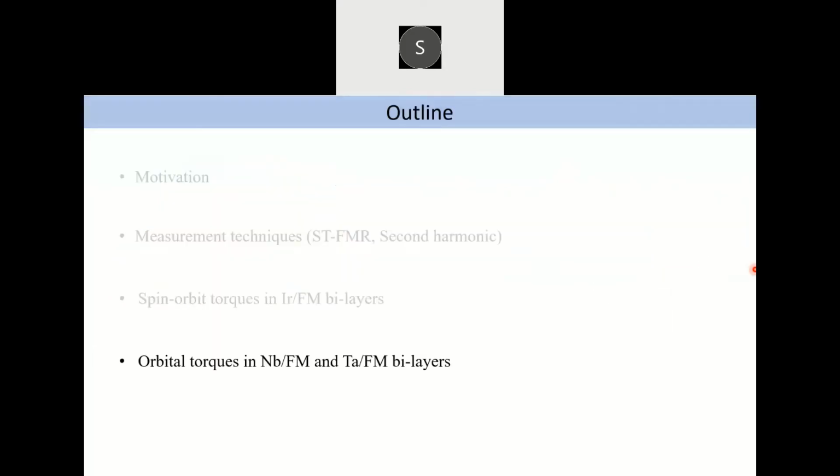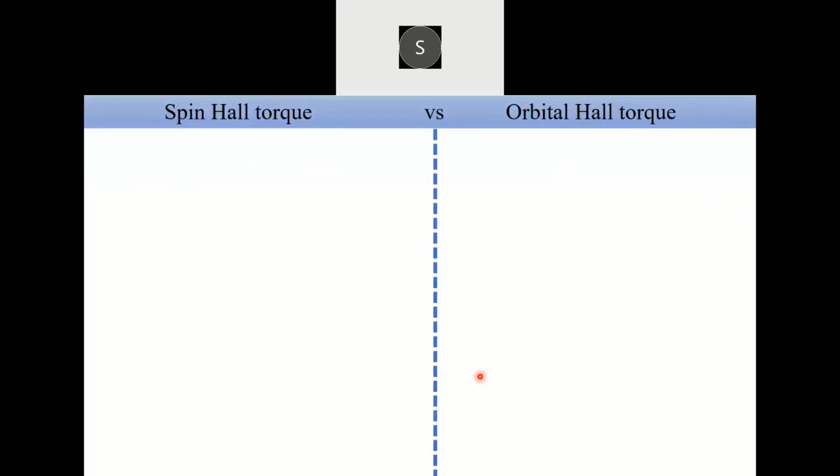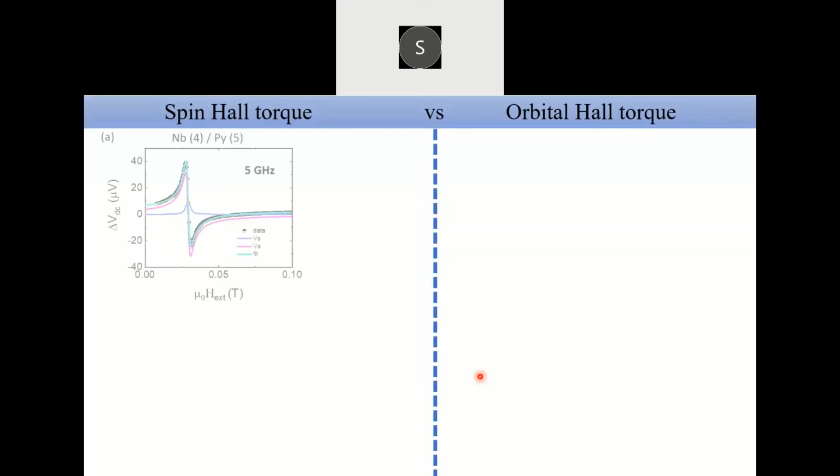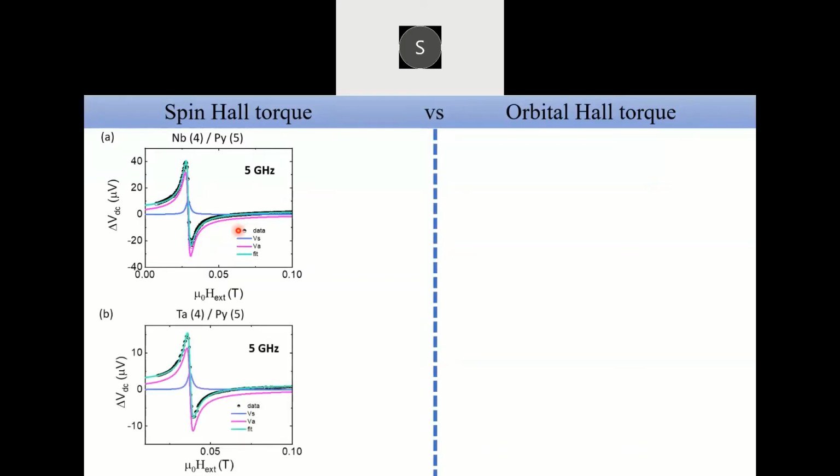Okay, so coming to the next part of my talk, which is orbital torques in niobium-ferromagnet and tantalum-ferromagnet bilayers. In case of niobium permalloy, when we have done this STFMR measurement, we can see there is a small symmetric component and a large antisymmetric component, which gives us a spin torque efficiency that is negative, because when we compare it with tantalum permalloy, we obtain a similar trend for symmetric and antisymmetric components.